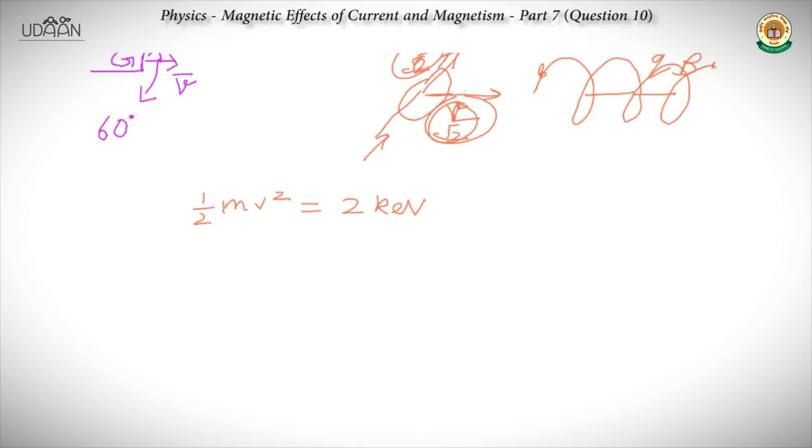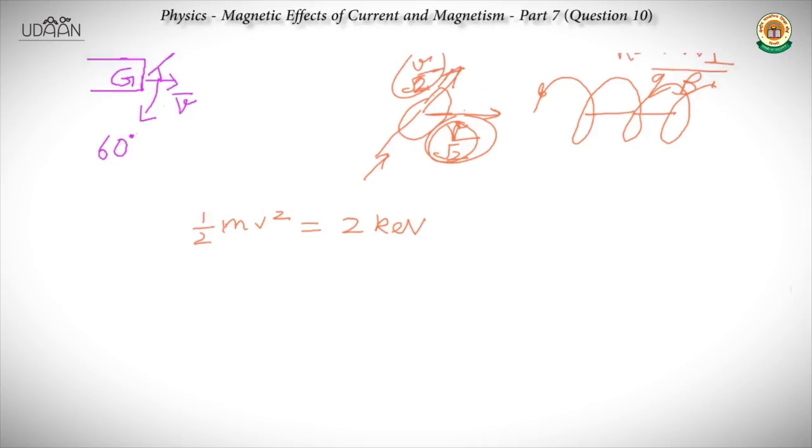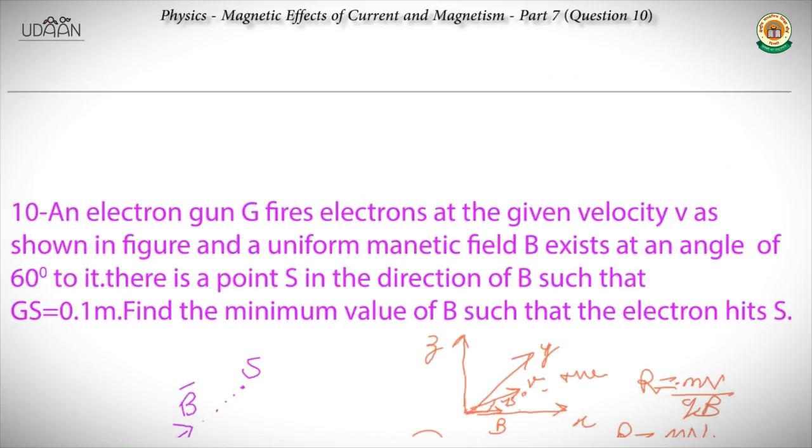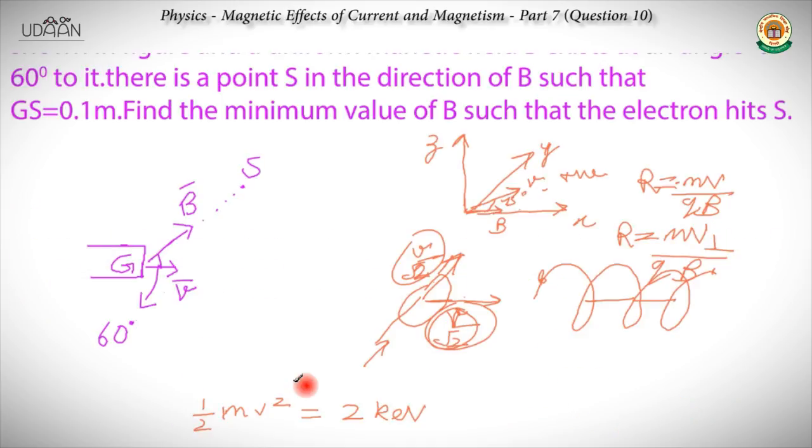I mean, how did you arrive at that? Yeah, it's not given in the question, but basically we are just assuming it to be 2 keV, which is kilo electron volts.